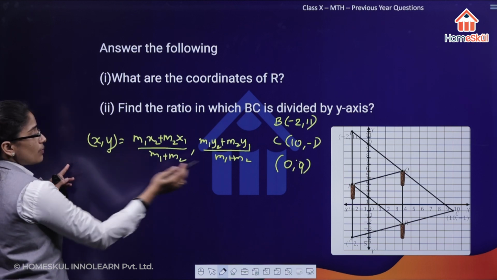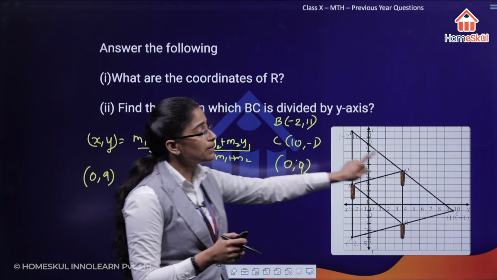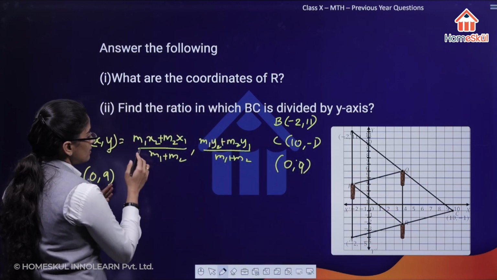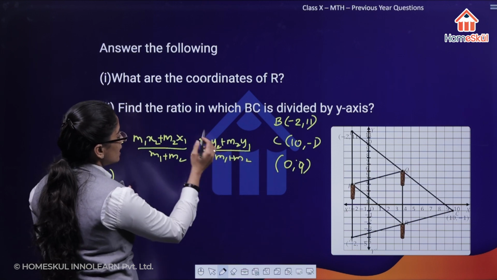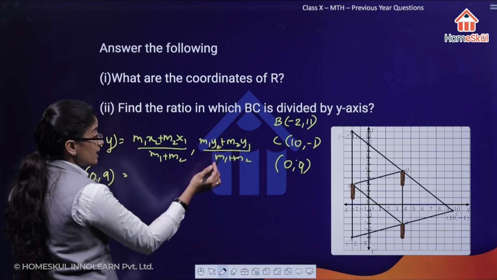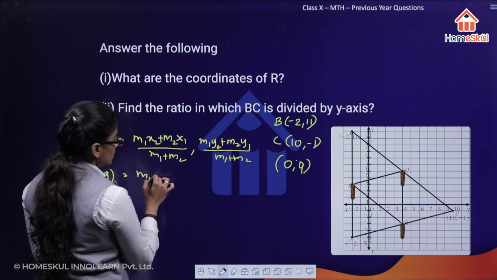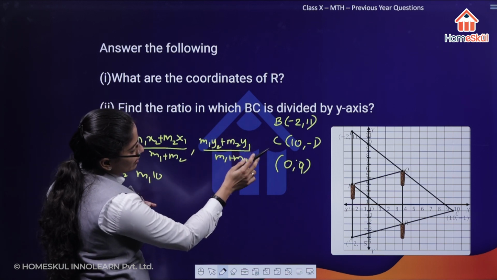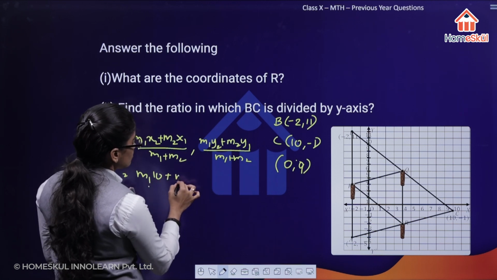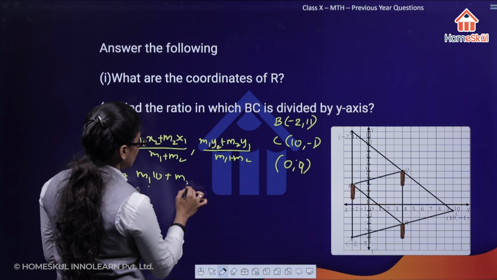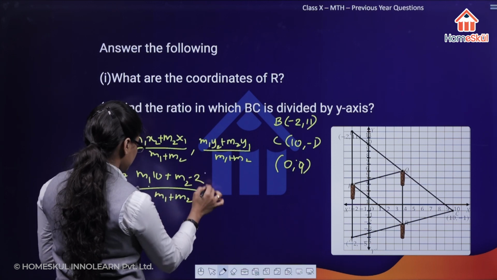So, here this X, Y is 0, 9. 0, 9 divides the line joining B and C. That means we will be taking M1, M2, right? So, C is our M2, okay. So, C is our X2. So, M1 into 10 plus M2 into -2 divided by M1 plus M2.